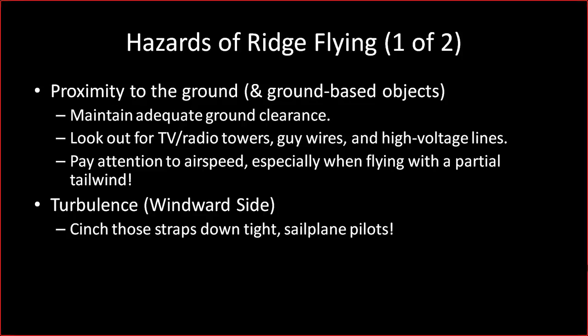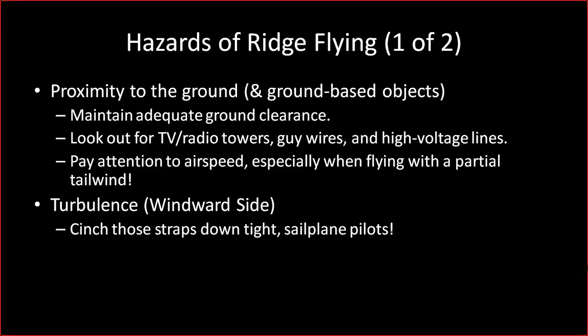On the windward side or the upwind side of the ridge, there can be considerable turbulence from things like we've talked about before: the roughness, so trees, any undulations in the ridge, gaps, thermals.